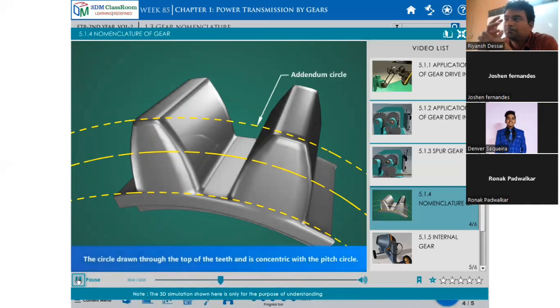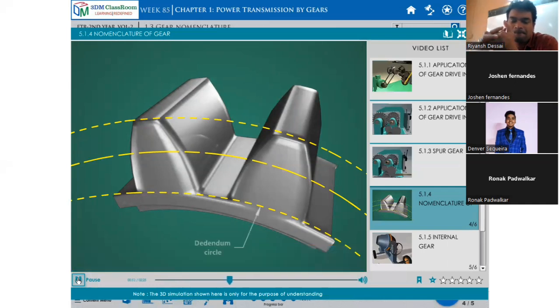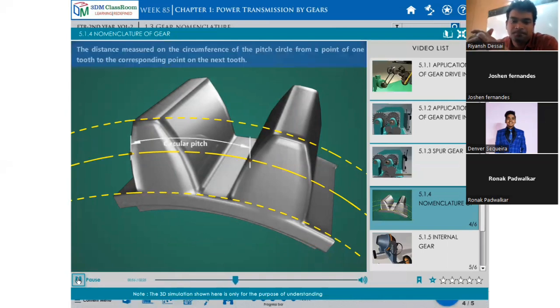Addendum circle, the circle drawn to the top of the teeth and is concentric with the pitch circle. Dedendum circle. Circular pitch, the distance measured on the circumference of the pitch circle from a point of one tooth to the corresponding point on the next tooth.